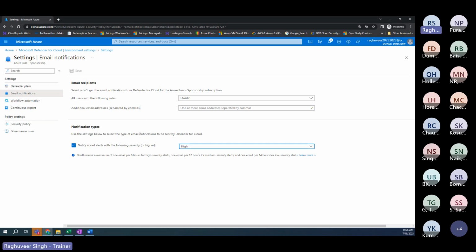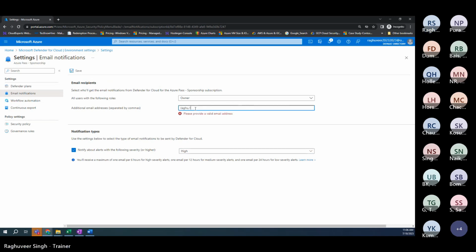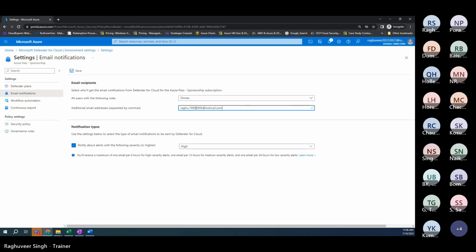High severity alerts and events will be notified to these owners and additional recipients. So please configure an email address here, and save it.